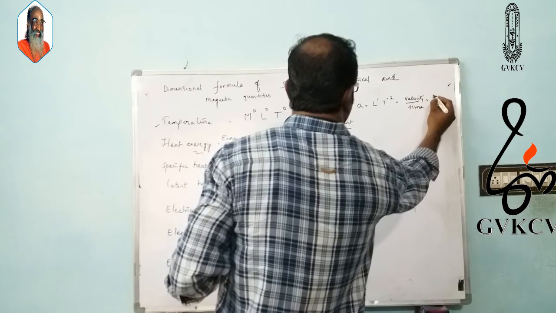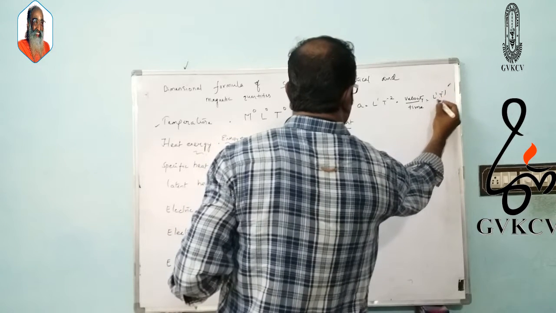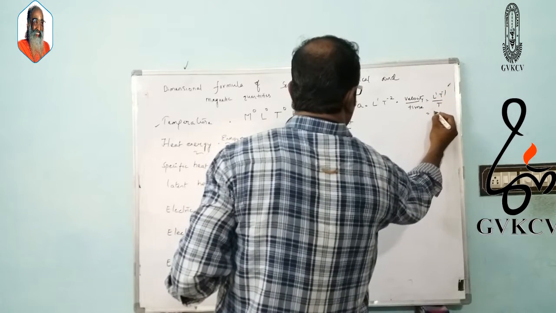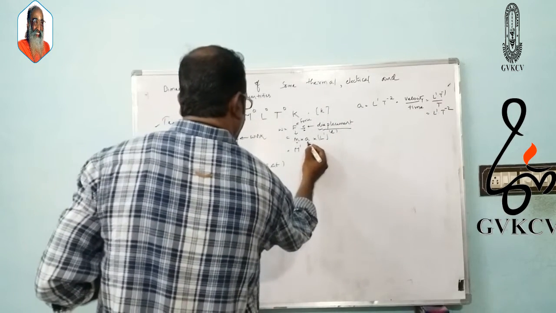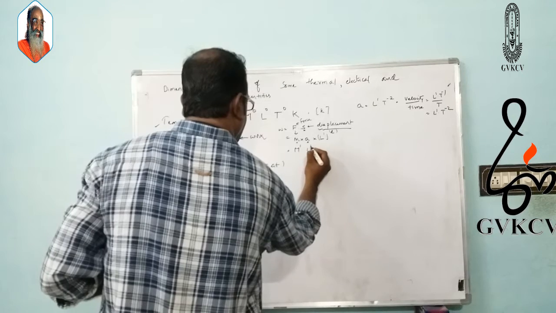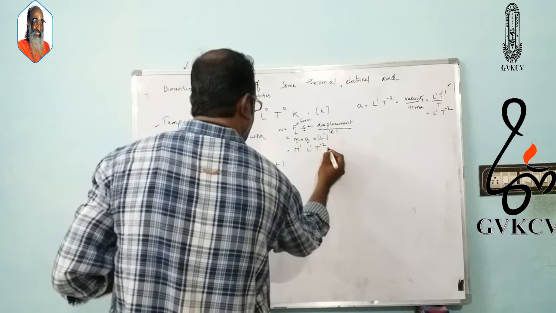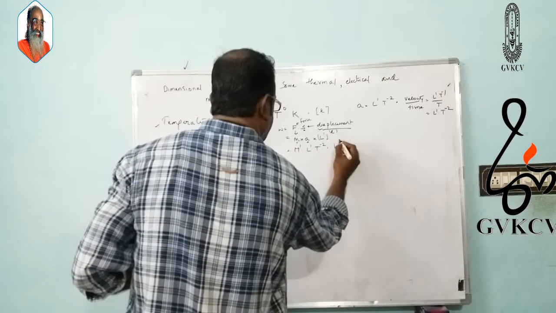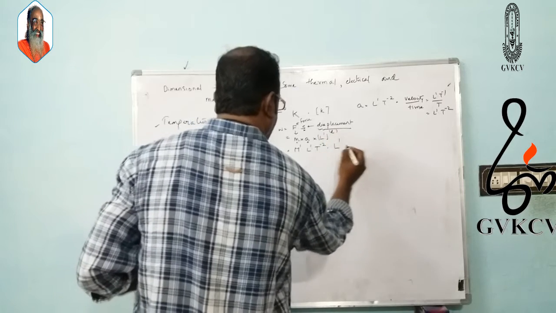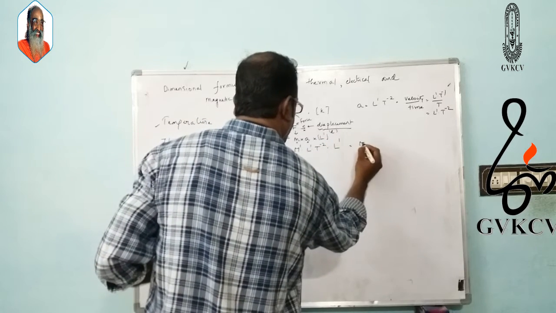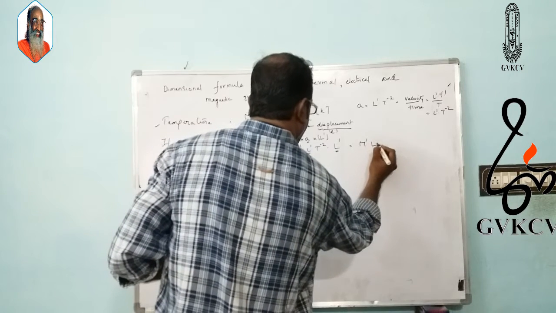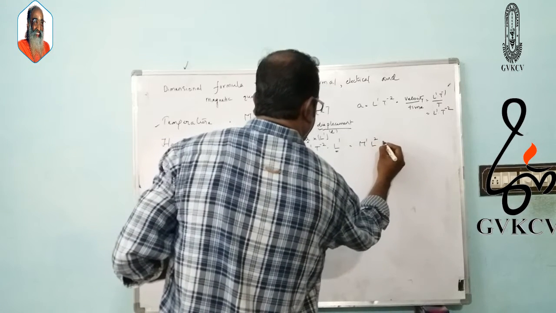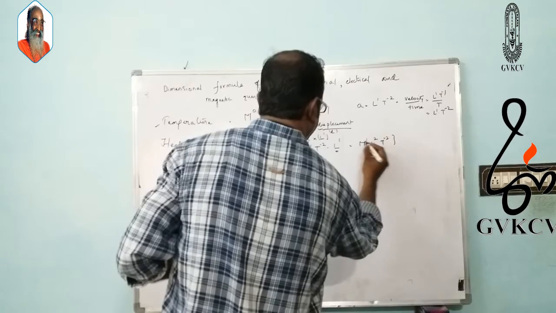Velocity is L1 T power minus 1, divided by T, so it is L1 T power minus 2. And again there is one L1 because of the displacement. So it is M1, L1, L1, which becomes L2, and T to the power of minus 2.